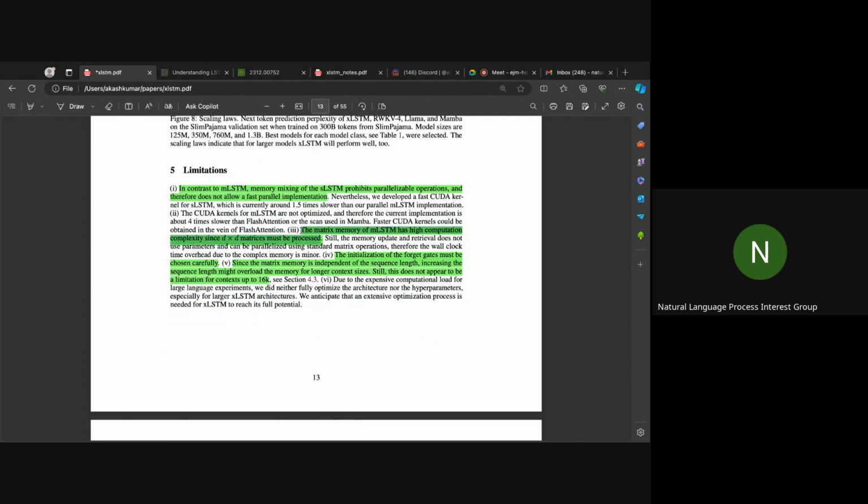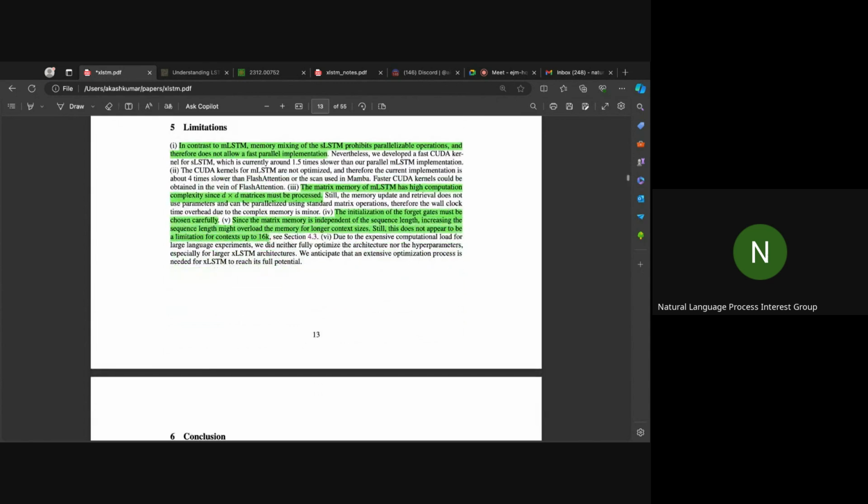The matrix memory of mLSTM is still D cross D, so it is still not a free operation as such. And the interesting thing is that the initialization of the forget gates must be chosen carefully. And since the matrix memory is independent of the sequence length, increasing the sequence length might overload the memory for longer context sizes, but this does not appear to happen for up to a context length of 16K.